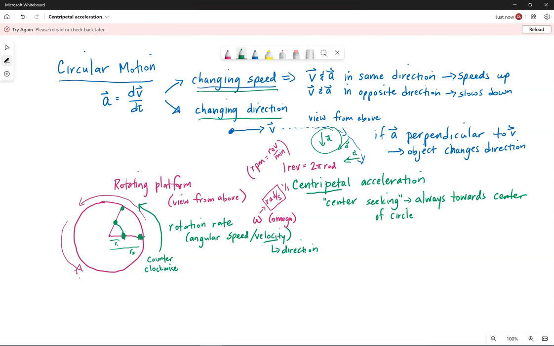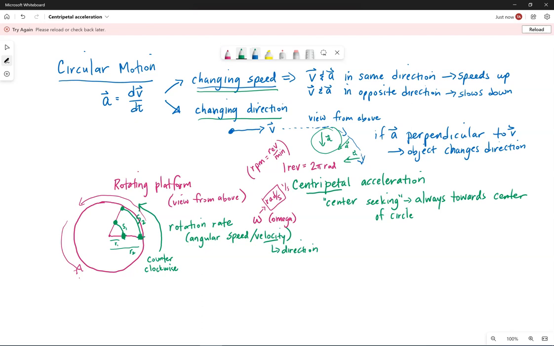This inside mass, though, if I call this S1, has not traveled as far as the outside mass. The outside mass moves through a larger arc, so if it travels a greater distance, then it must have been traveling faster.